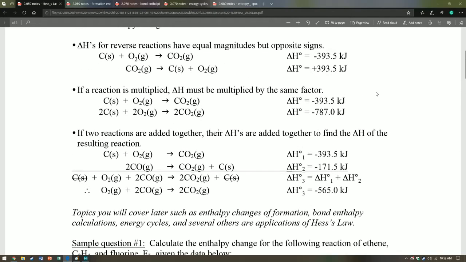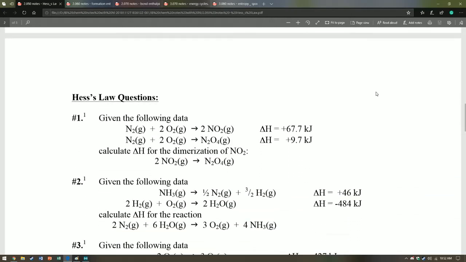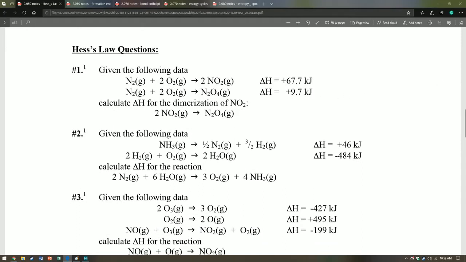Here, so let's actually pick one here. So we know that N2 plus 2O2 is 2NO2, and we know that delta H equals... I'm going to round the numbers here.